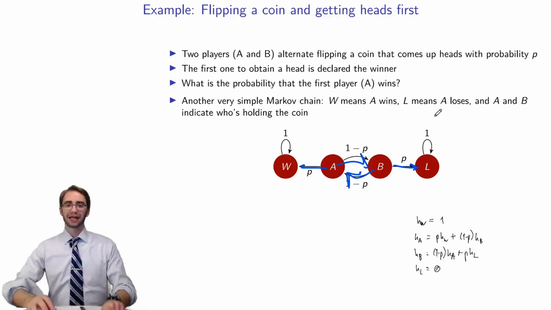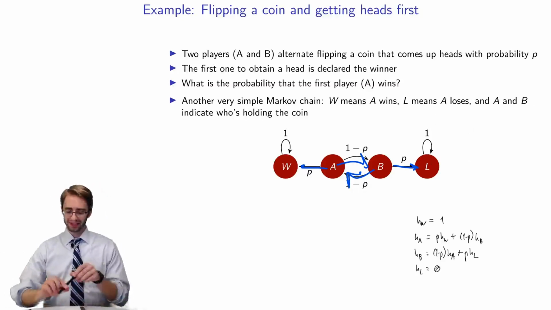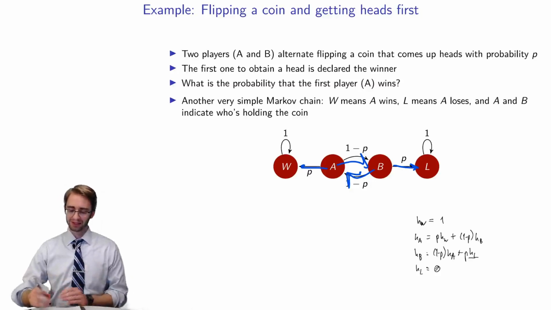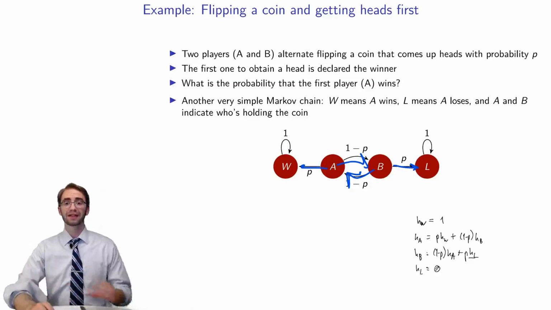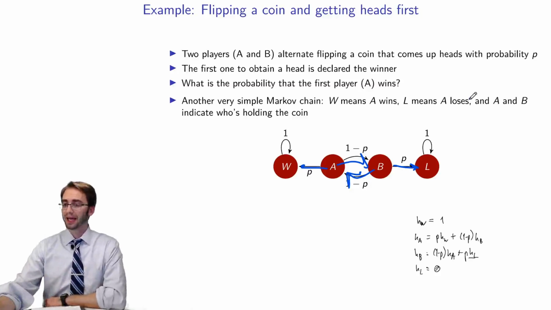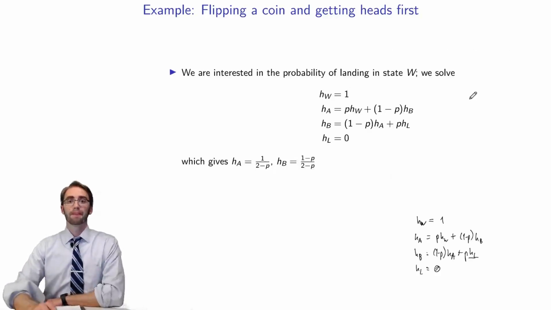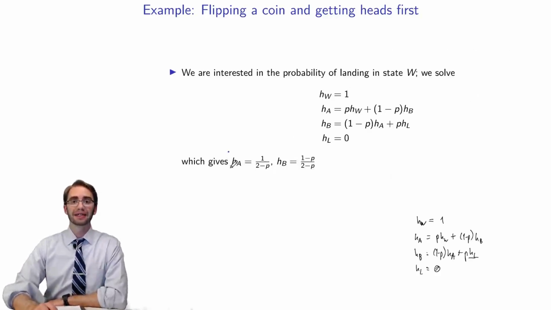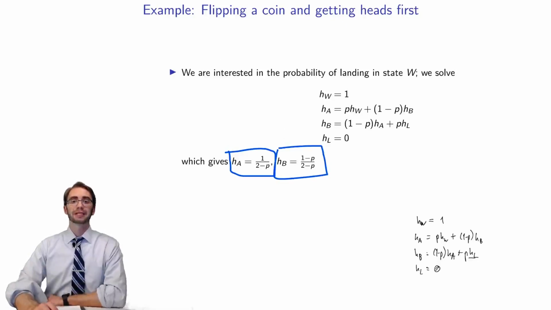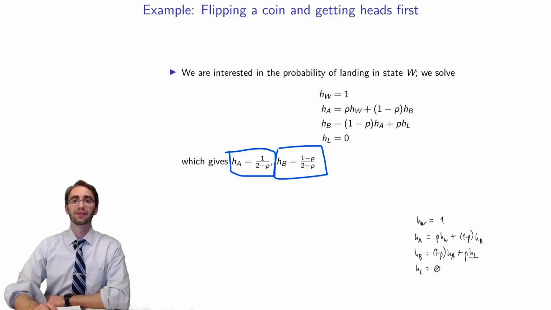But again, we'll use it freely in these expressions. Okay, so now I've got these equations, and if I work those out, you'll find H sub A is 1 over 2 minus P, and H sub B is 1 minus P divided by 2 minus P. So that's how that works.